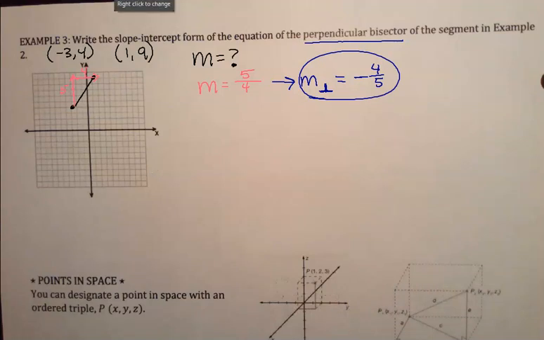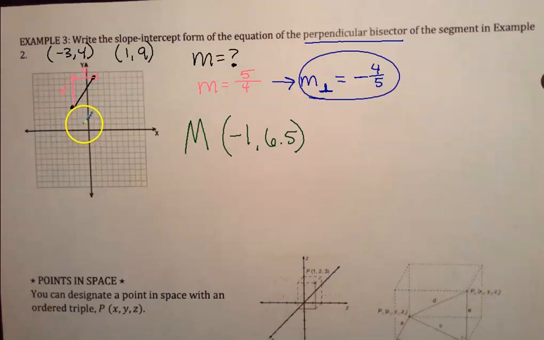Yeah, that was example 2. Okay, so the midpoint of this pair was -1, 6.5. So at -1, 1, 2, 3, 4, 5, 6, 6.5, something like that, is our midpoint. And that's where we want our perpendicular bisector to come through. We want it to come through the middle, right through the midpoint and at a 90-degree angle.